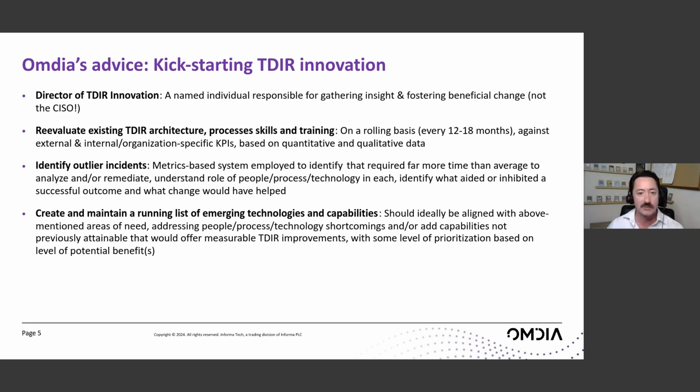And make a running list of those things so that when you are in the process of identifying where your gaps are, either from people, process, technology, looking at those outlier events, you can start the process of matching potential technologies to those gaps, and it accelerates the effort to bring more innovation into your program.